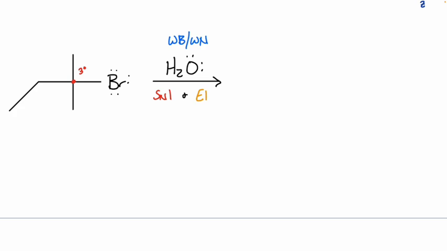All right, if I do my SN1, what's the functional group in my product? An alcohol, because remember that neutral nucleophile is going to lose a hydrogen when it reacts in our substitution reaction.